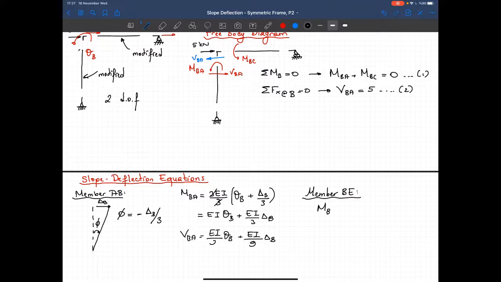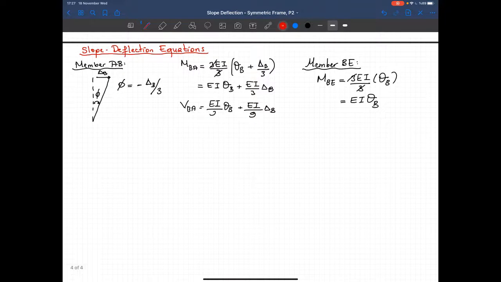Then MBE is equal to modified equations again, 3EI over 3, and I got only theta B now, and this is equal to EI theta B.